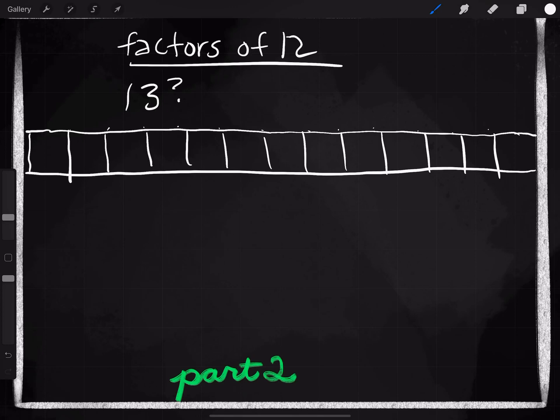Are there 12 total boxes? I made a rectangle that has 13 boxes, but 1, 2, 3, 4, 5, 6, 7, 8, 9, 10, 11, 12. Wait a minute. If I have an extra box, it does not count, even though I could make a rectangle.